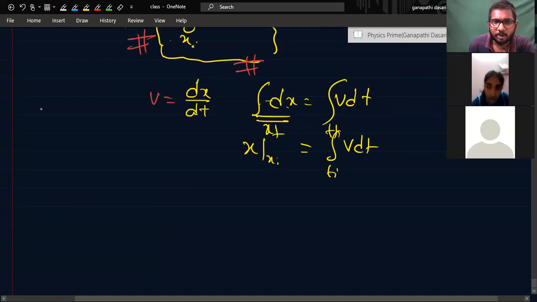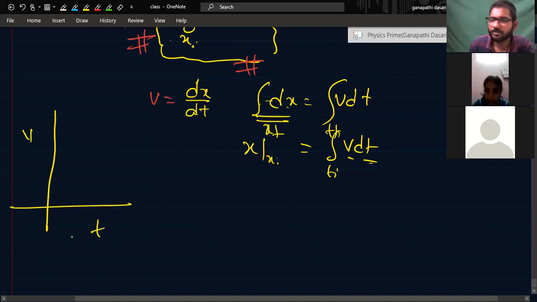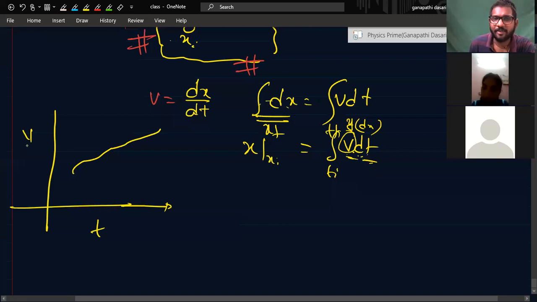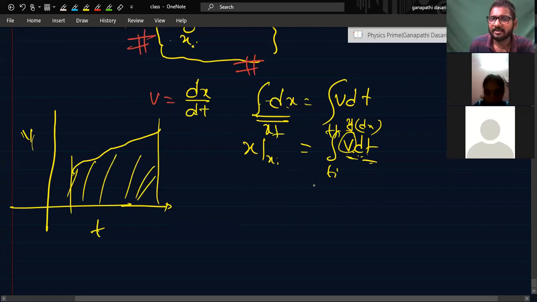Yes. Now you see, v dt means if you have a vt graph, some vt graph is there, v is the y-axis. I explained y dx is similar to this. Like that, the vt graph you have, and you find the area under this curve. What do we get? We'll get this left side equation, or not?